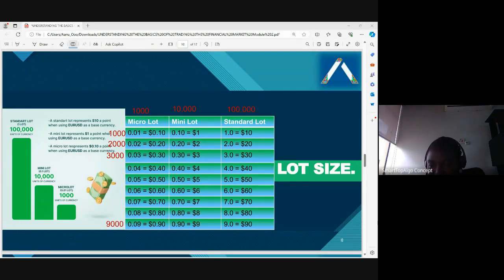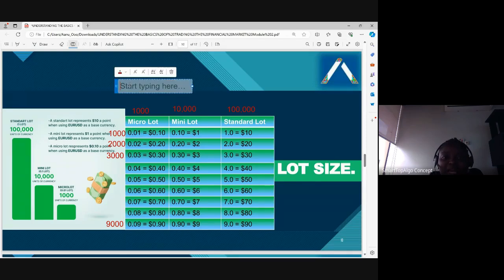Now, what does this mean? If I have $1,000 and I want to enter a trade, and I enter one trade using 0.01, and if price moves 1 pip in my direction, the value of that 1 pip is 10 cents.